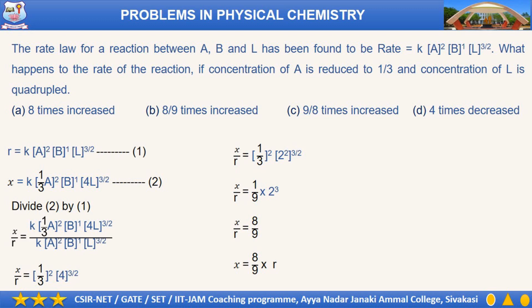And what about 4 power 3 halves? You can easily write it as 2 square power 3 halves. It is equivalent to what? 2 power 3, equivalent to 8. Or you can do one thing, 4 power 3 into 4 power half.